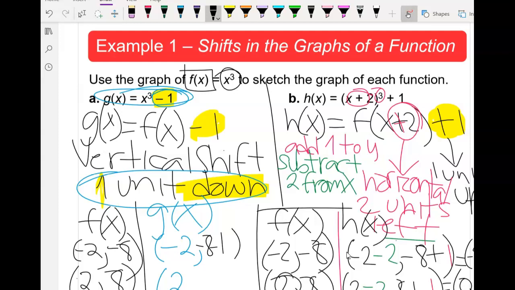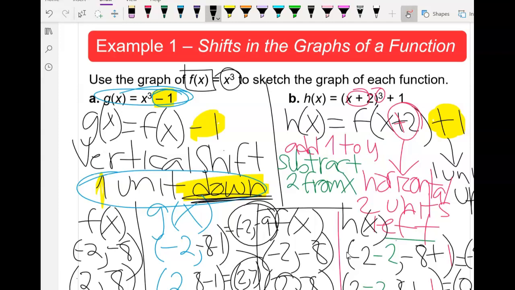And this other point should have been +8 minus 1. So the resulting points should have been, for the first one, -2, comma, -9. And for the other one, +2, comma, 7. So those will be the correct points. The graph was moving down. I'm sorry about that. But this one on the right is correct. That moved up. So we added to the y.